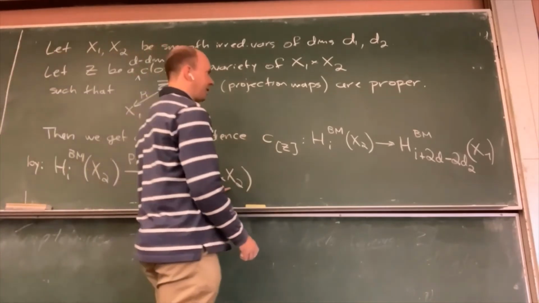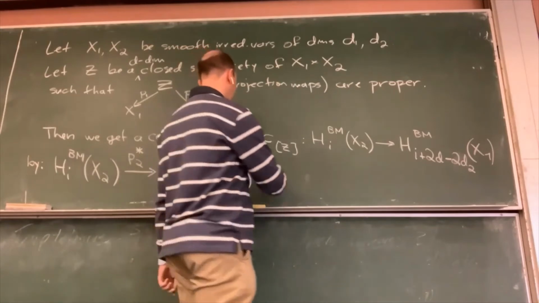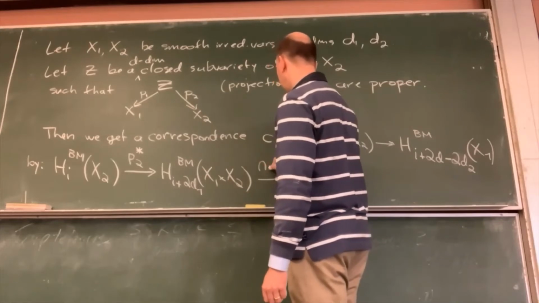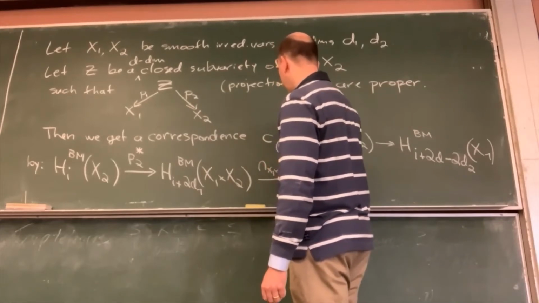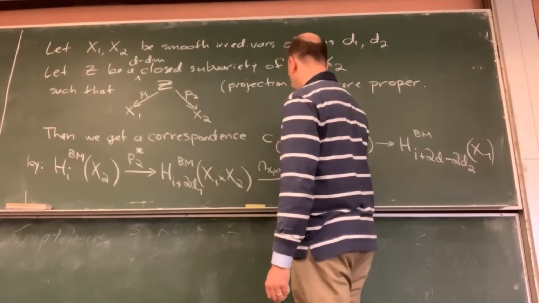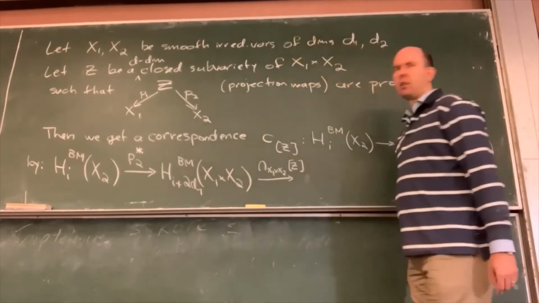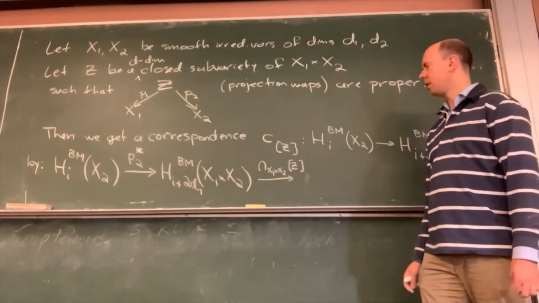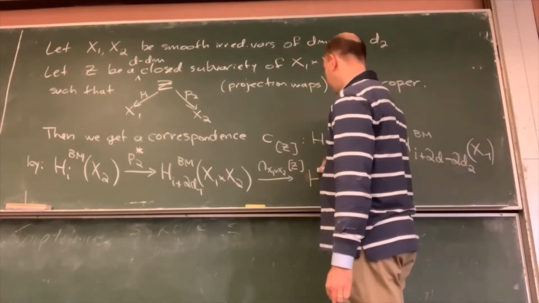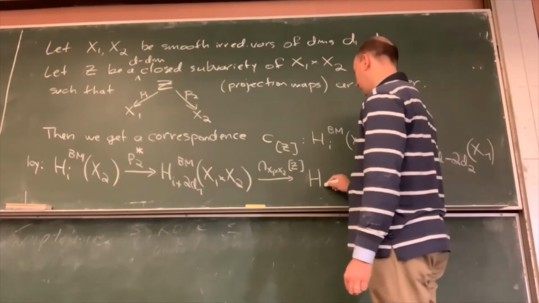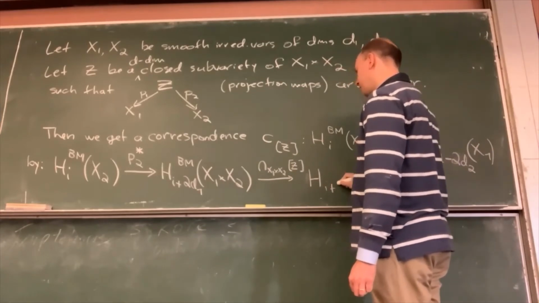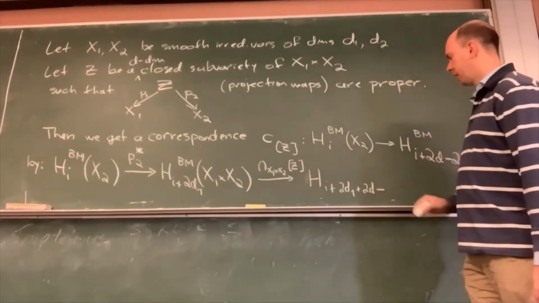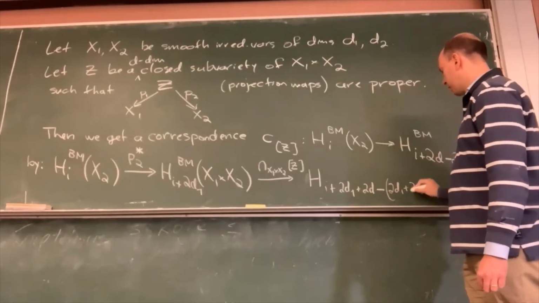Then once you're in this X1 cross X2, where the variety Z lives, you can take the intersection pairing in that ambient smooth space, X1 cross X2, with the fundamental class of Z, which lives in the 2d Borel-Moore homology of Z. And so according to the intersection property of Borel-Moore homology, this should spit out something in degree I plus 2d1 plus 2d minus the real dimension of the ambient space, which is 2d1 plus 2d2.